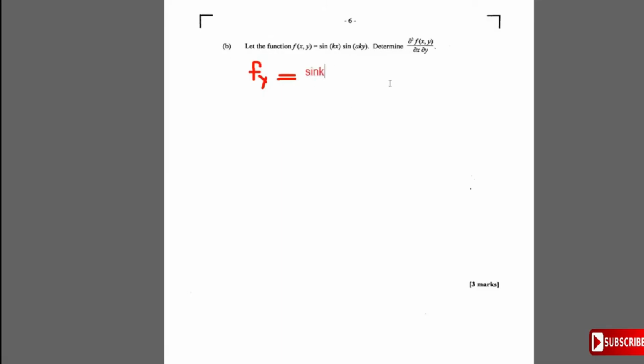So I just put back my sine kx multiplied by the derivative of sine aky. When I differentiate sine aky, I get cos aky times the derivative of aky, which is a times k. All right, so that would be fy.